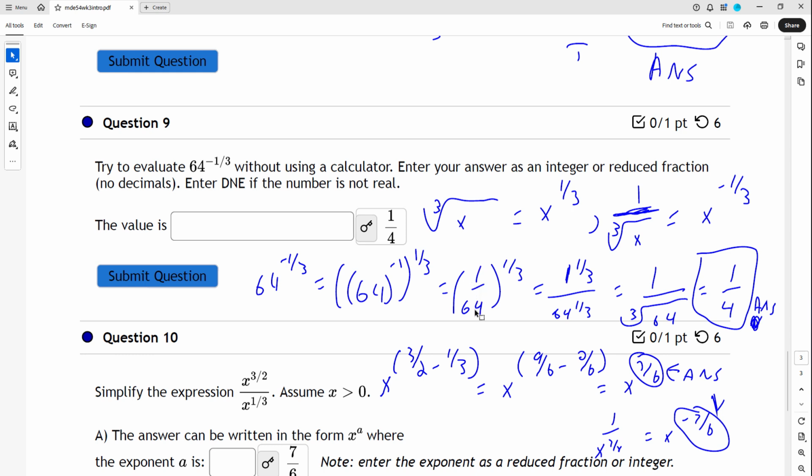So I have 1 over 64 to the 1/3 power. Then I apply that exponent. So I have 1 to the 1/3 and 64 to the 1/3, which is the same thing as the cube root of 64, which is 4. My final answer here is 1/4. So that was number 9.